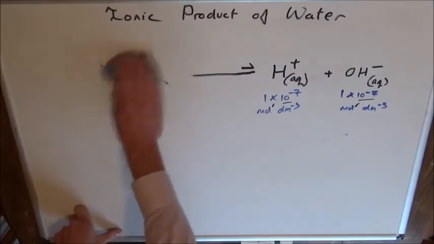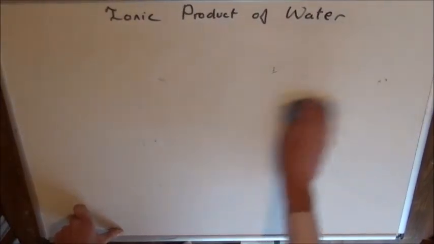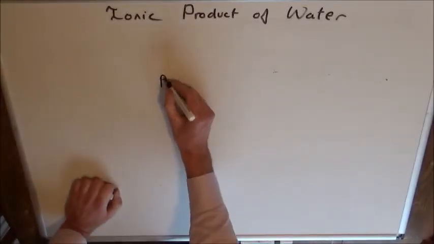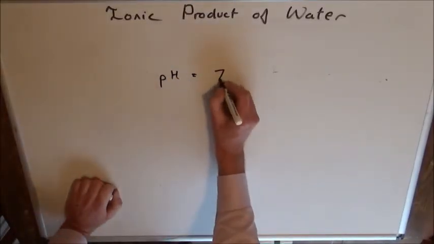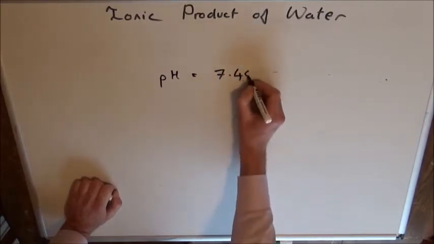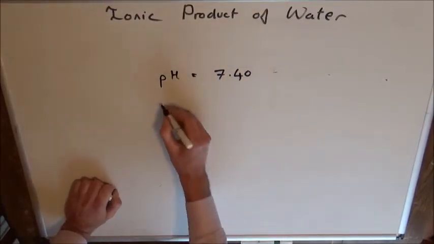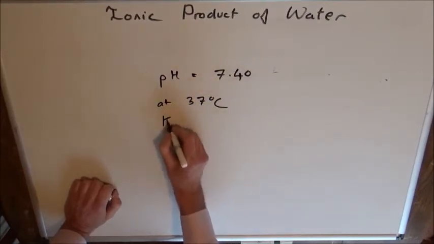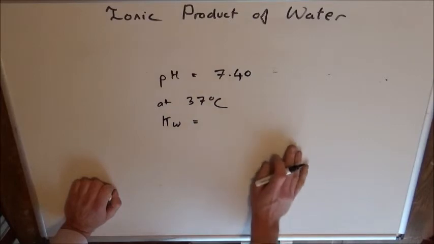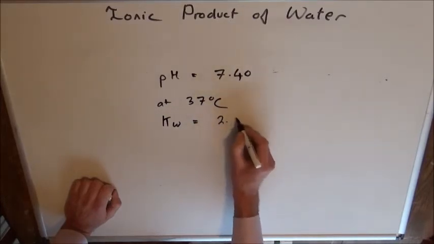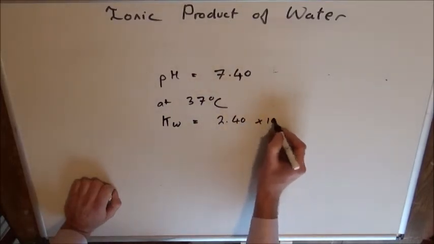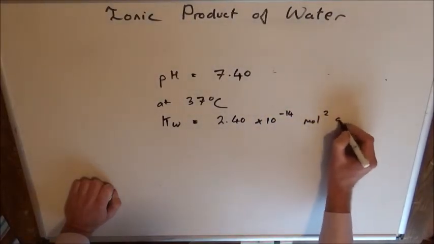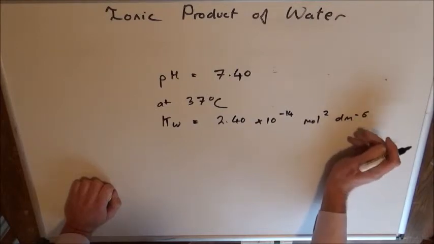This is an extension material really, but the pH of blood is 7.4 thereabouts, and if we're at 37 degrees C, we know that Kw equals 2.4 times 10 to the minus 14 moles squared dm to the minus 6.